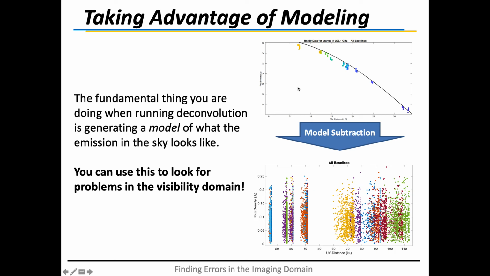In the earlier error recognition talk, I mentioned that sometimes it can be very difficult to diagnose problems because source emission is very complex. But if you've built a good model and you subtract that model away, what you should be mostly left with should look like noise. So here's a really good opportunity to pull out latent problems in your data, by using a model subtraction method, which I know several of the different reduction programs have tools for.